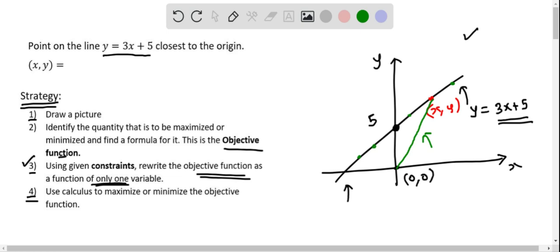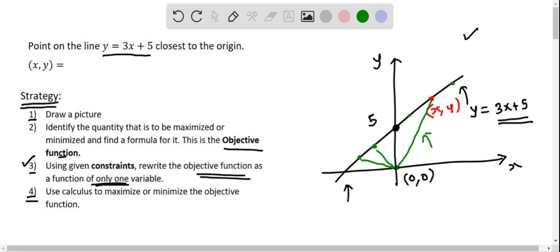Just looking at the graph, this distance seems to be larger. If the point was over here, the distance between this point and the origin seems a little closer, or minimum when compared to this distance. We can also draw a line joining the origin and the arbitrary point like this. In such a case, this distance seems to be minimum.